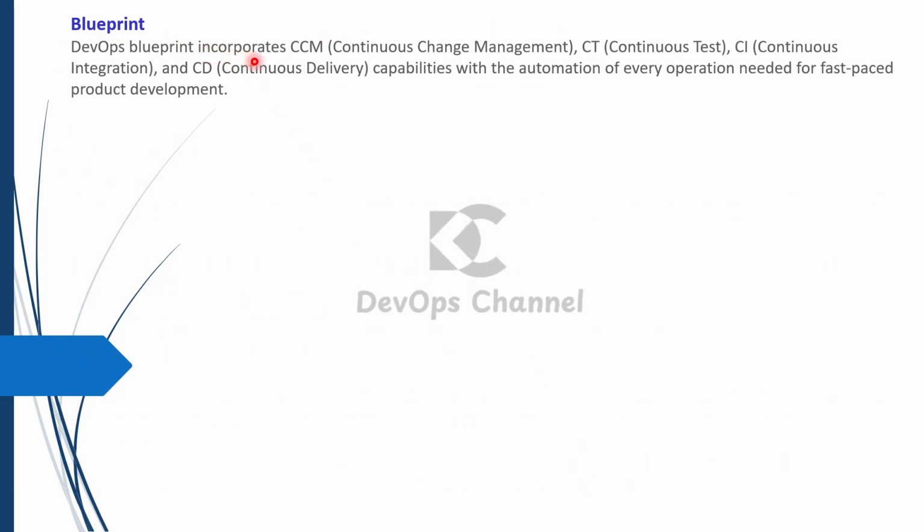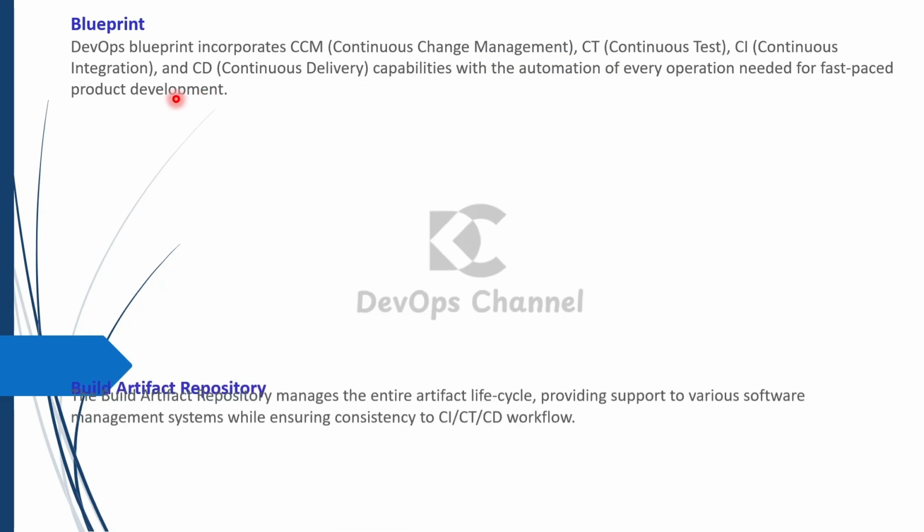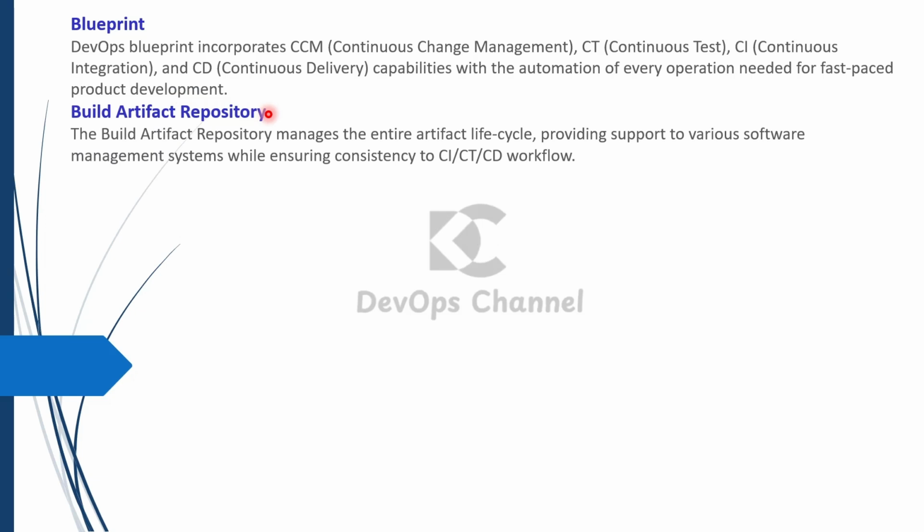Let's move ahead. Next one is blueprint. So a DevOps blueprint incorporates CCM, continuous change management, CT, continuous test, CI, continuous integration, and CD, continuous delivery capabilities, with the automation of every operation needed for fast-paced production development. Okay. Next one is build artifact repository.